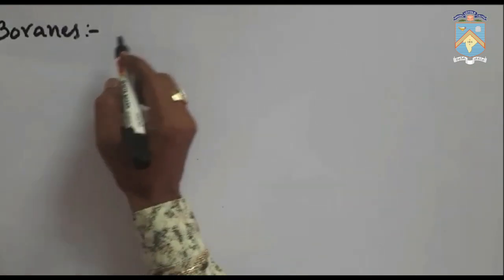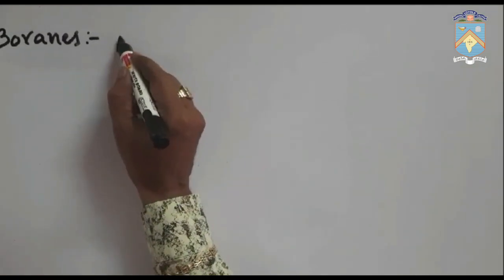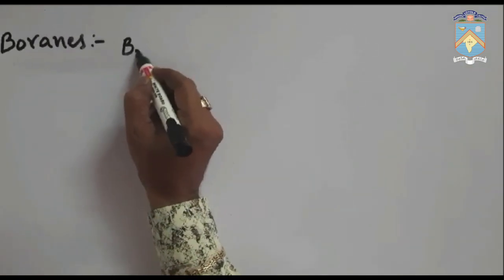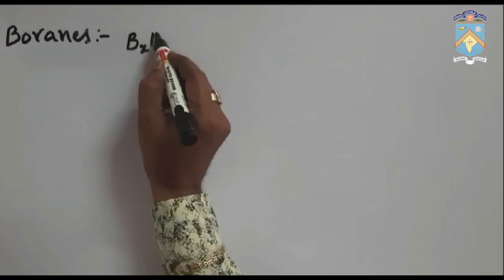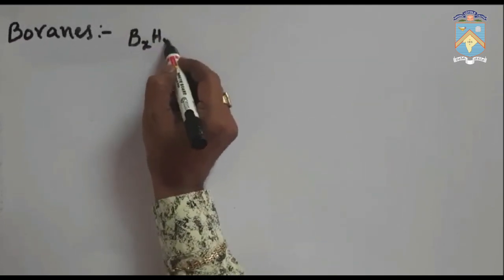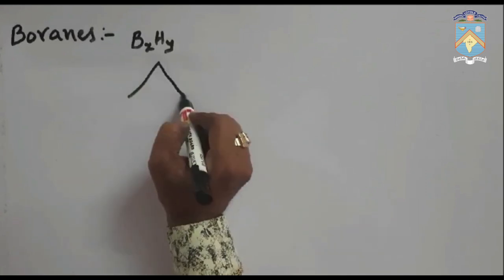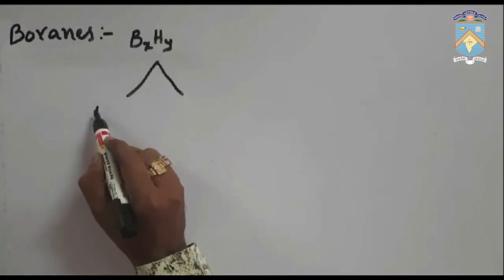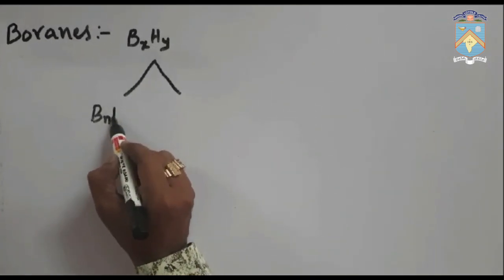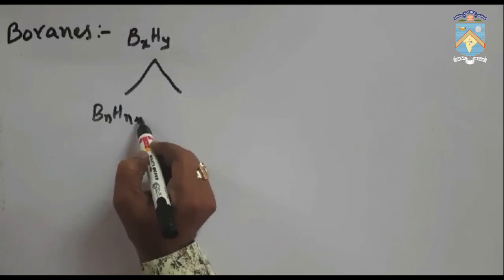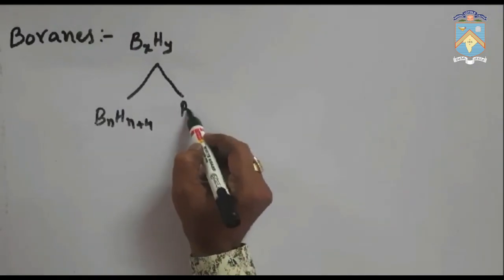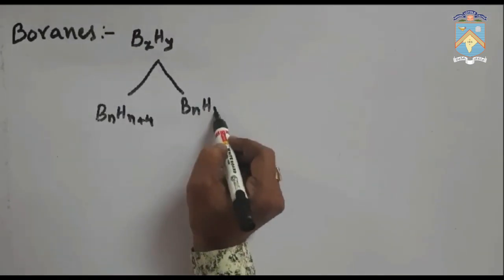As I told you, boranes are binary compounds of boron and hydrogen alone. So the general formula of boranes can be BxHy. Boranes are basically classified into two types. The first type is BnHn+4, the other one is BnHn+6.